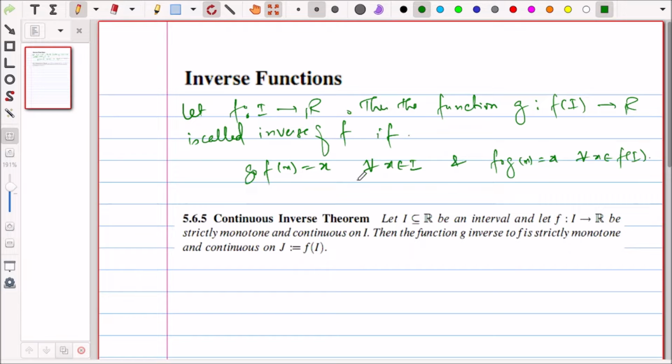So that means g of f and f of g are identity functions: g of f is the identity on I and f of g is the identity on f(I), right?